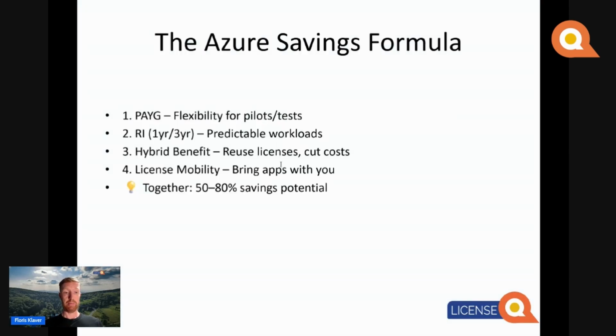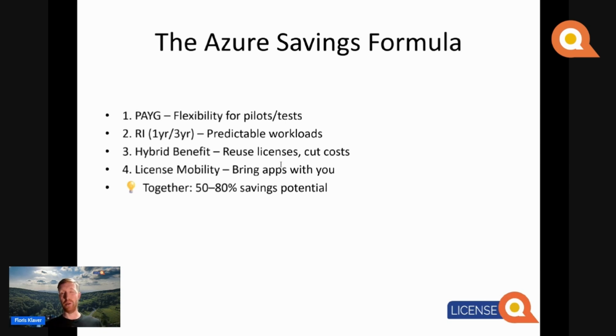Now, putting it all together. So how do these options work together? Here's a simple way to think about it. Use pay-as-you-go when you need full flexibility: dev test, pilot, unpredictable workloads that you turn on and off. Use reserved instances for predictable workloads that you know are going to be on 24/7, even less than 24/7.